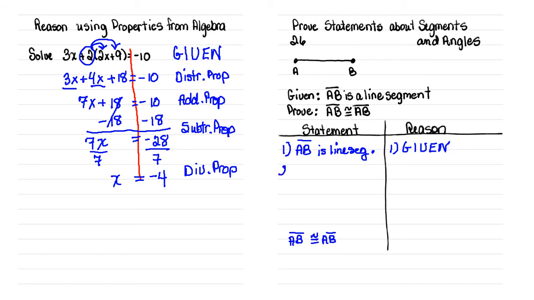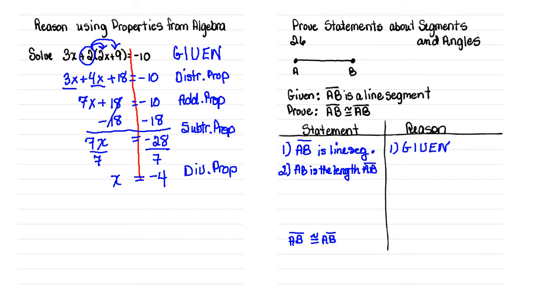Okay, so our second reason is going to be AB is the length of segment AB. From A to B is the length of segment AB.